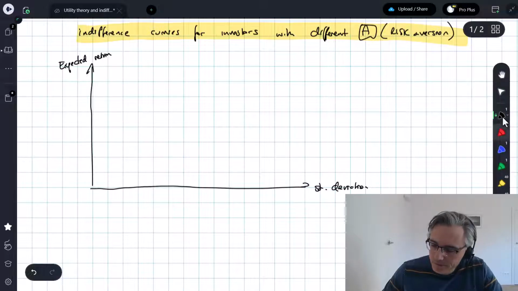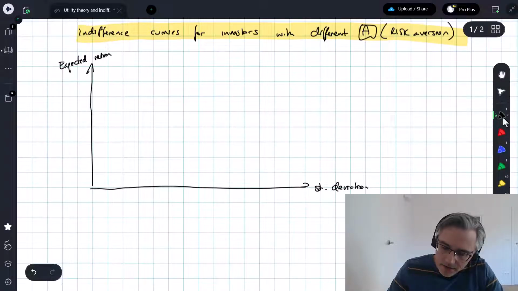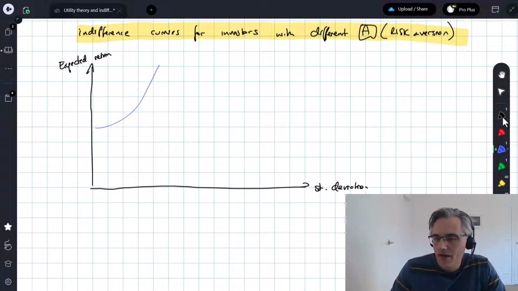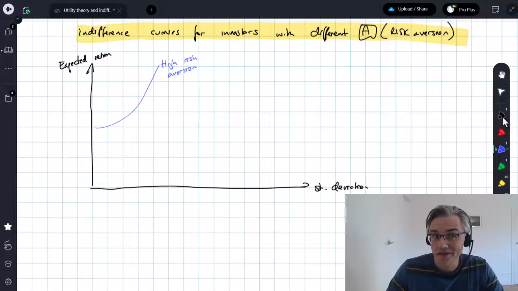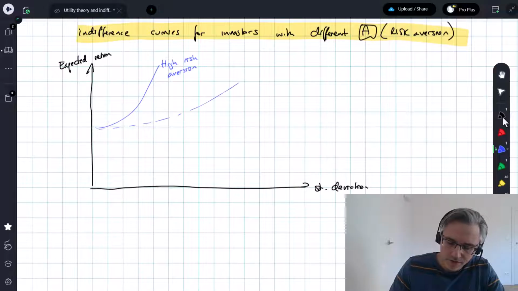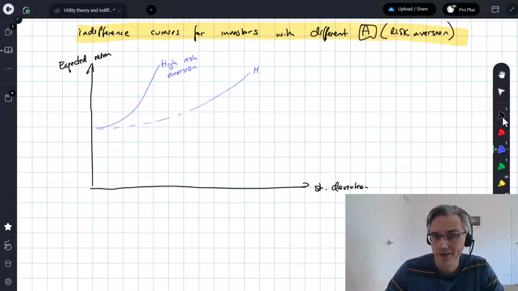And let's say this is going to be some classic indifference curve for an investor who's relatively risk averse. So this is somebody who's characterized by high risk aversion. For them, the A parameter is going to be pretty high. Well, this is also somebody who's risk averse, but more moderate in that respect.